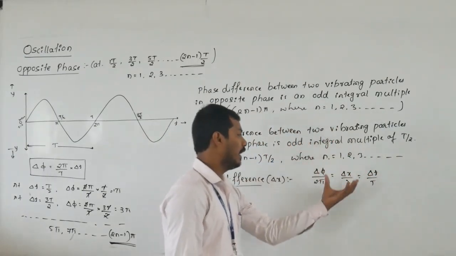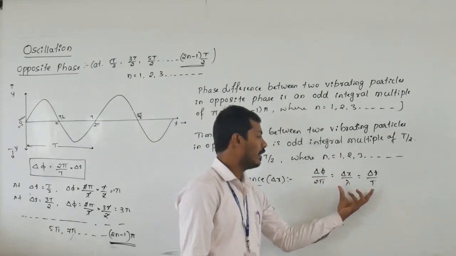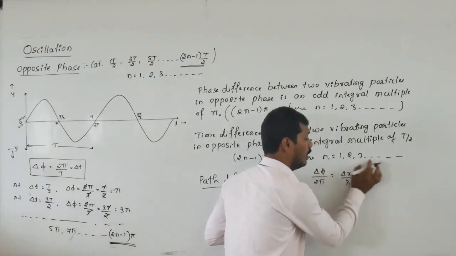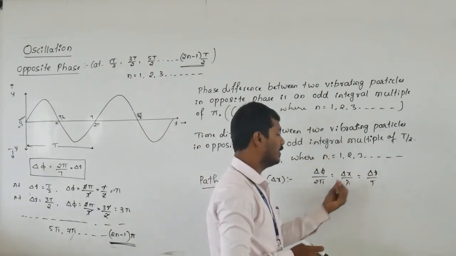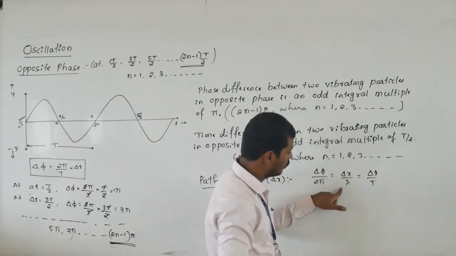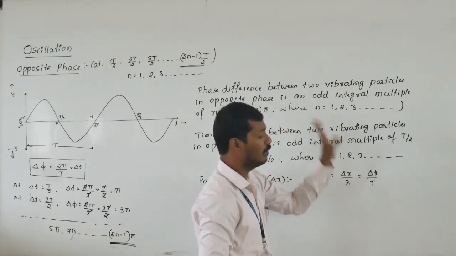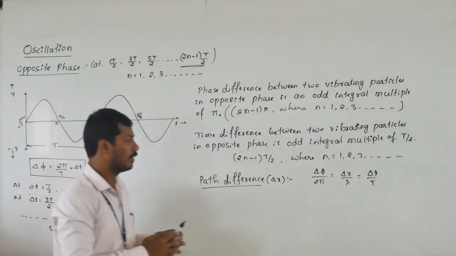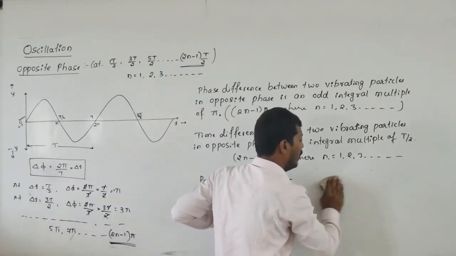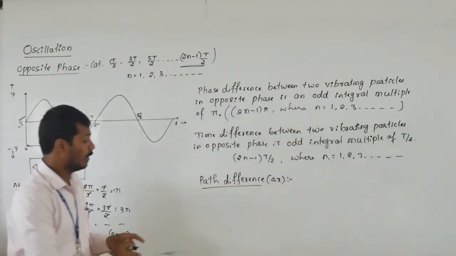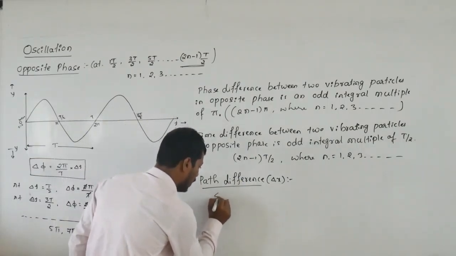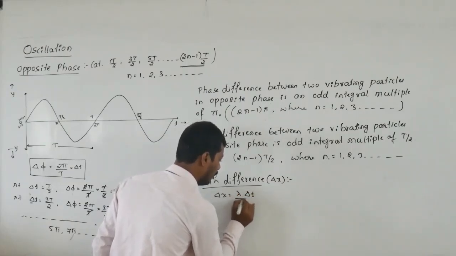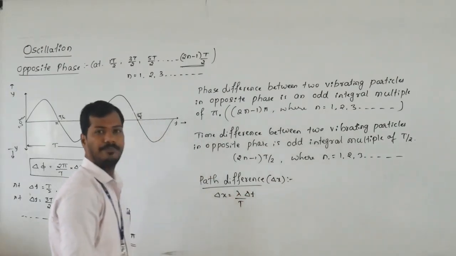We can equate any two equations here. Equating these two, the path difference is lambda into delta t divided by T. The path difference delta x is equal to lambda into delta t divided by T.